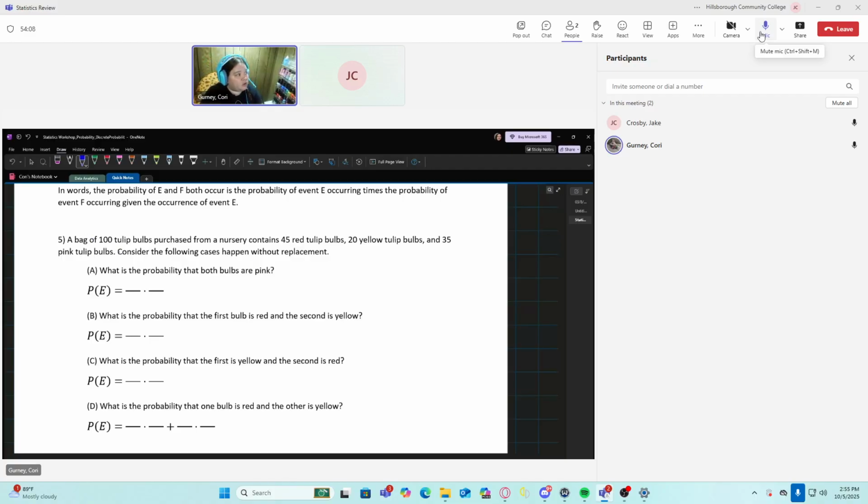So in this bag of 100 tulips, what is the probability that they are both pink? And this happens without replacement. So our first one would be 35 pink bulbs out of the total 100. Then the second one is going to be 34 out of 99.